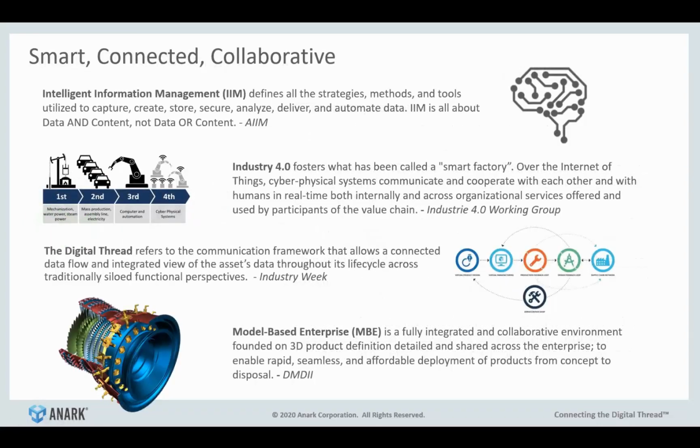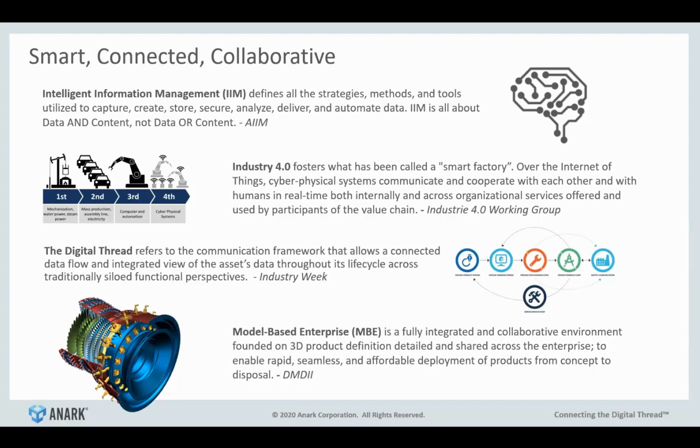We're going to describe a couple of industry terms here that I think help anchor us in this presentation. They start with a very broad strategic term and then narrow down to some more tactical things that are specific to the manufacturing sector.